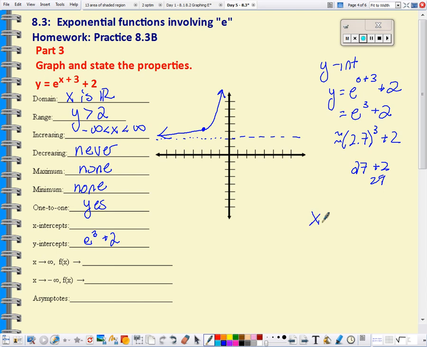X-intercepts, I have to calculate that. That is when y is 0. We get negative 2 equals e to the x plus 3. But wait.